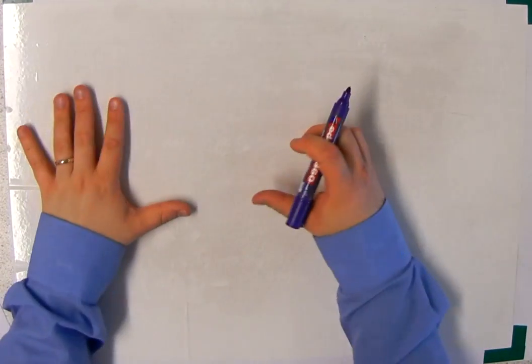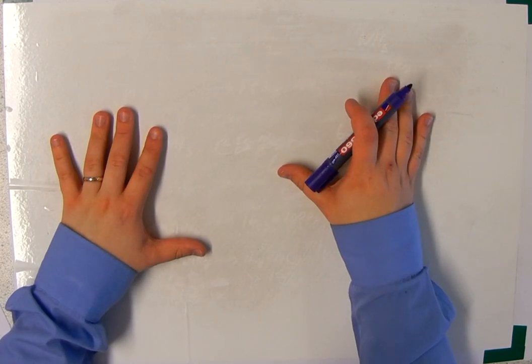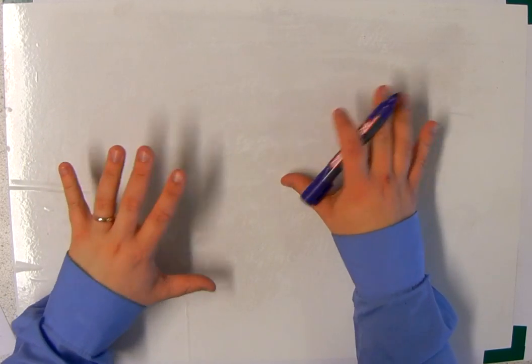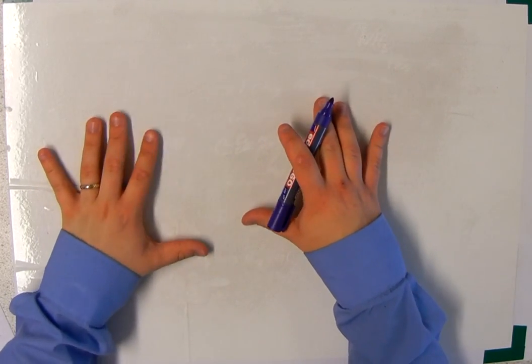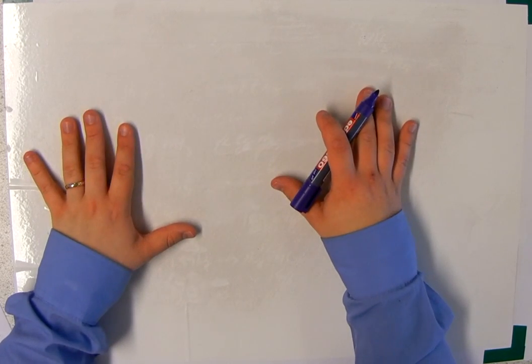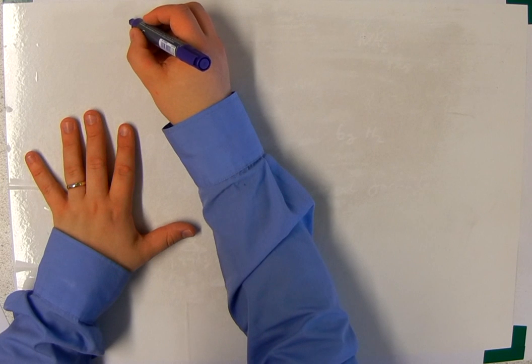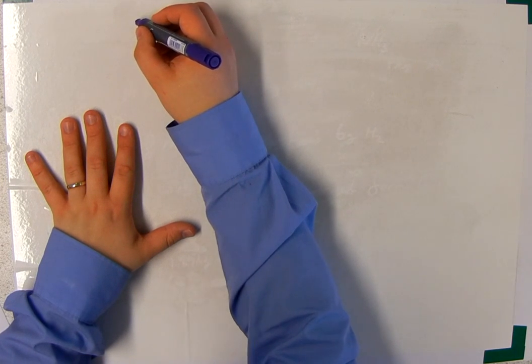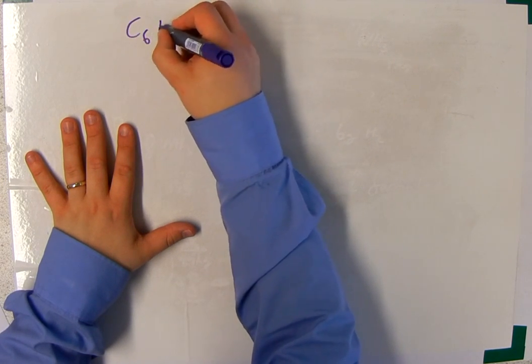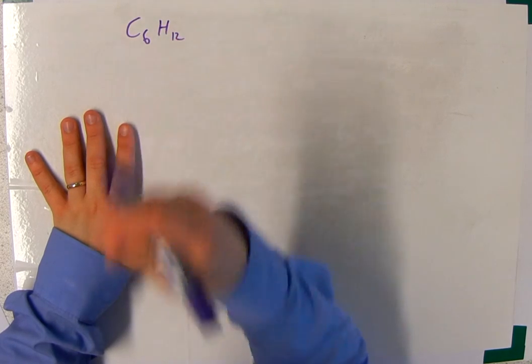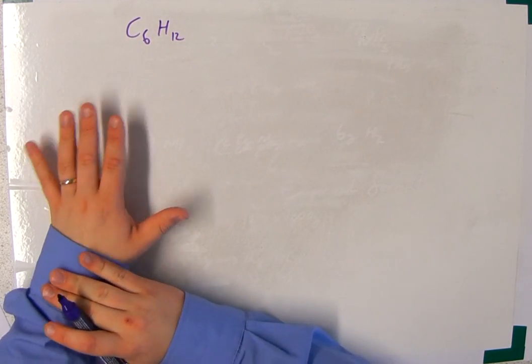Now, the molecular formula and the empirical formula are two similar, related, but slightly different things. For instance, you might have an alkane, or alkene. Alkenes are easier to think about for this. C6H12. CnH2n.